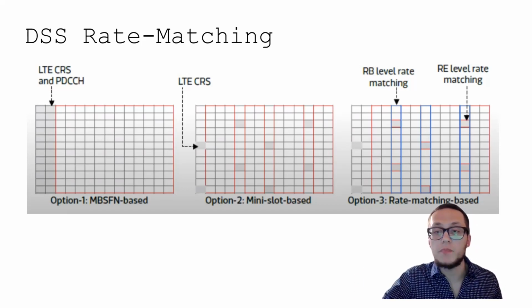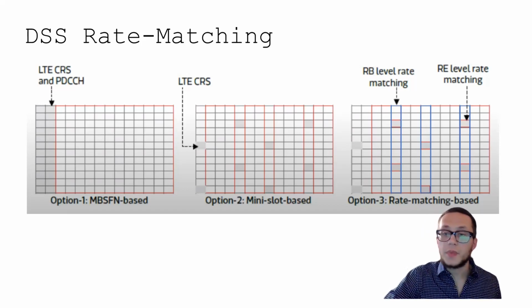It has some positive effects. For example, we can switch very fast between 4G and 5G just within a few OFDM symbols. But we can see we cannot use some areas, some resource elements, right, with 4G cell reference signals.